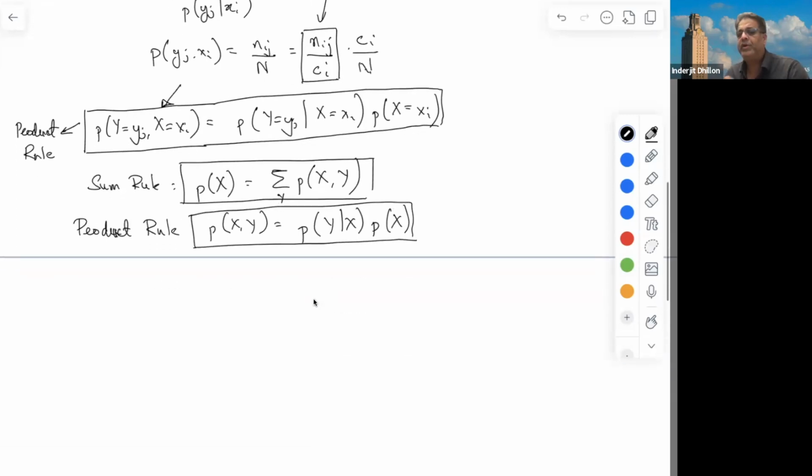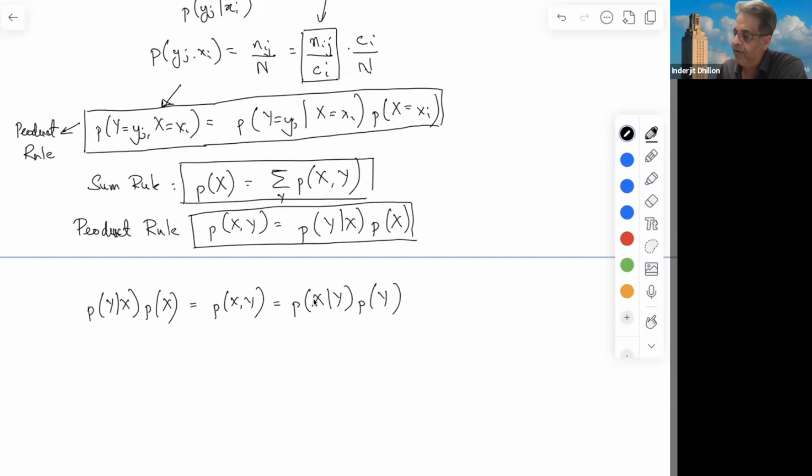Now we could have conditioned either on x or on y. If I look at P of x comma y, what I've written above is that this equals P of y given x, P of x. But I could easily have conditioned over the other variable first, so I can write this as P of x given y times P of y. That gives us the famous Bayes rule.